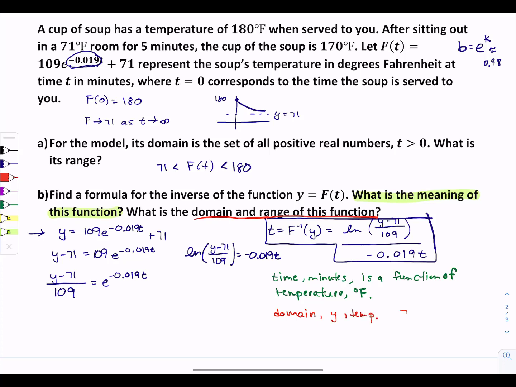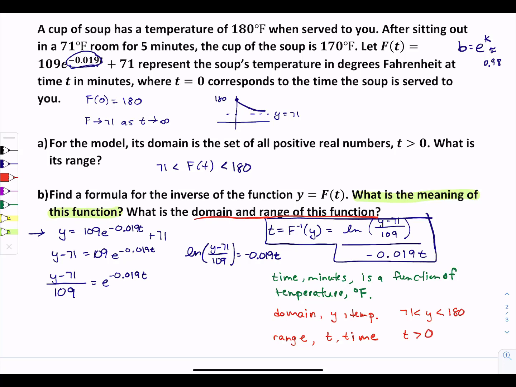And we saw previously that the temperature would be between 71 and 180 degrees Fahrenheit. And then the range of the inverse function is going to be t, time. And we saw that time needed to be greater than 0.